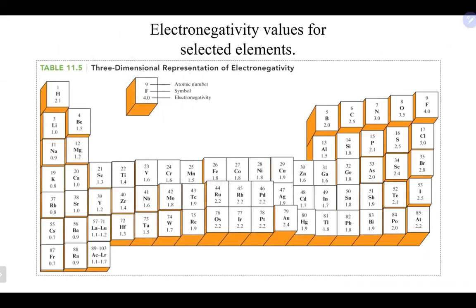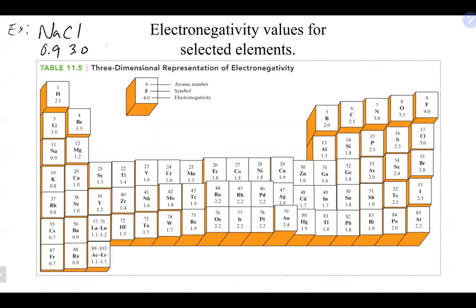And here's a table of electronegativity values, and we see the general trend as we go up to the right, it increases. As we go down to the left, it decreases. So if we take a look at how to use this, if we did some of our examples like our sodium chloride, we would just go to the table and find the two values. So sodium is 0.9, chlorine there is 3, I believe.